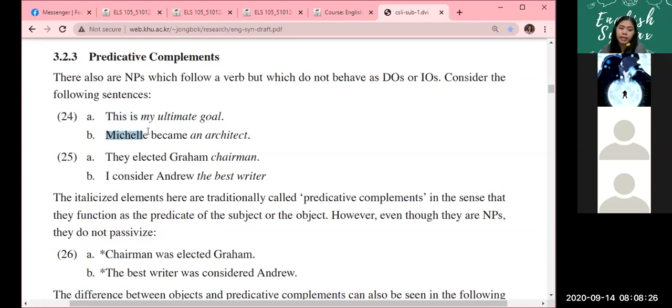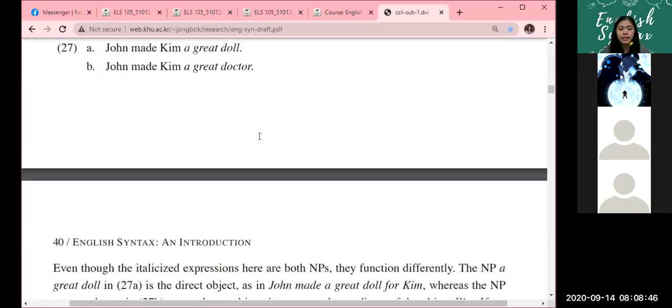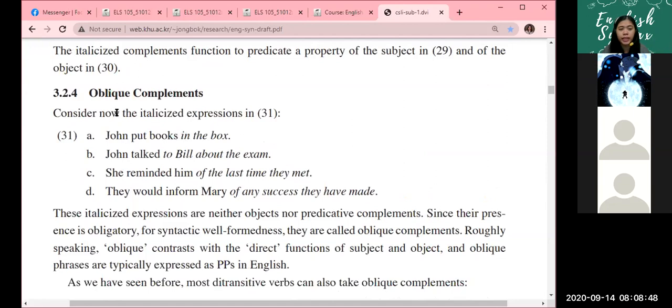For example, Michael became an architect. Okay, becoming refers to an action that does not necessarily require a direct object. So we have an architect as a predicative complement of the sentence. We also have here oblique complements.